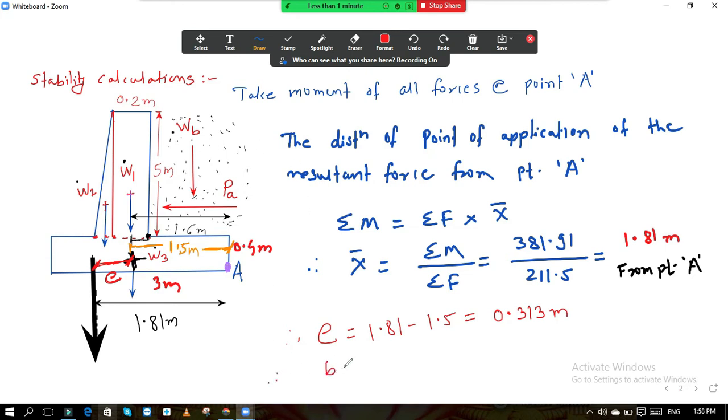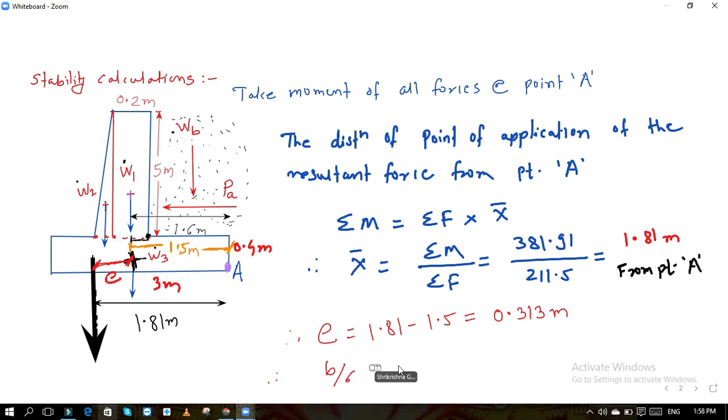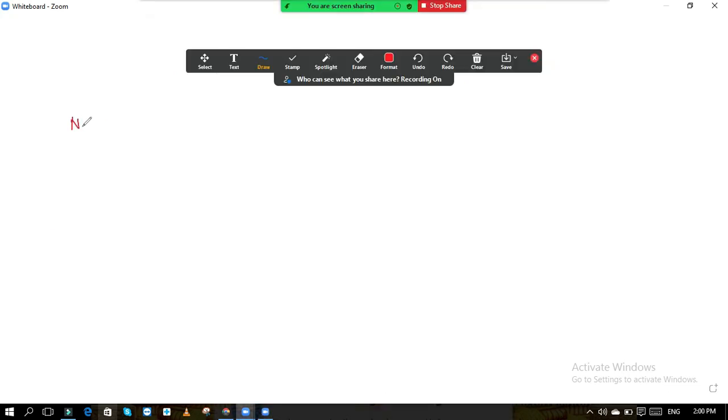So now we will calculate the value of b by 6. Therefore, b by 6 is equal to b, which is 3 meter, divided by 6, so it is how much? 0.5 meter. Up to 0.5 meter is allowed, but our eccentricity is 0.313.